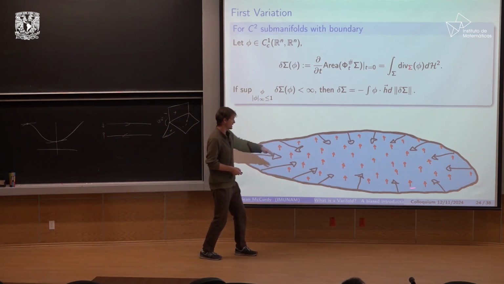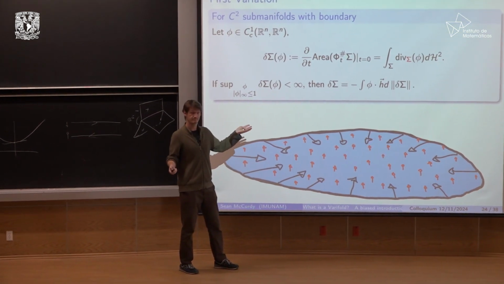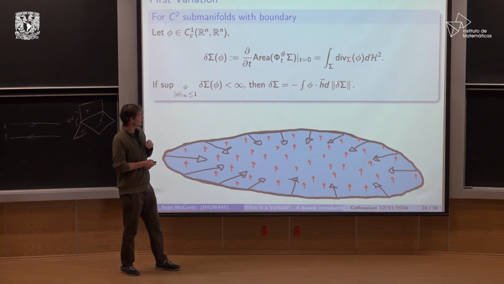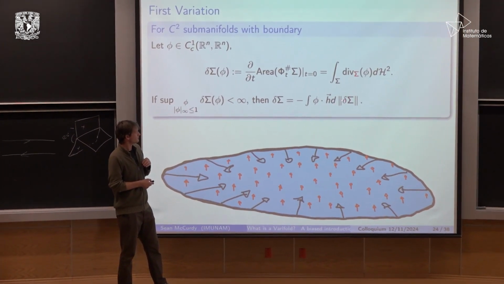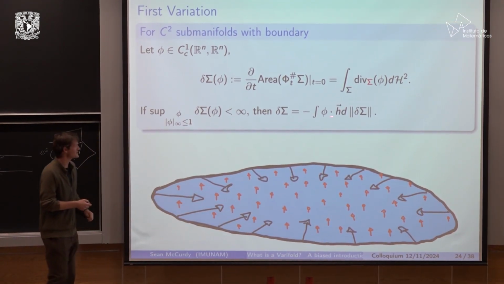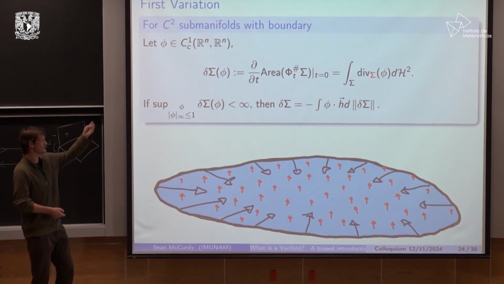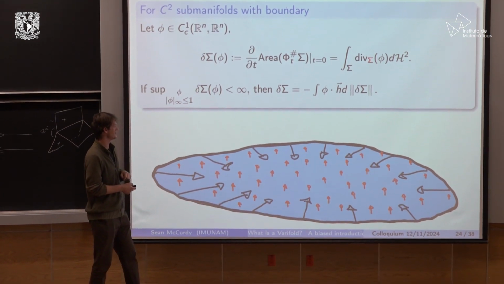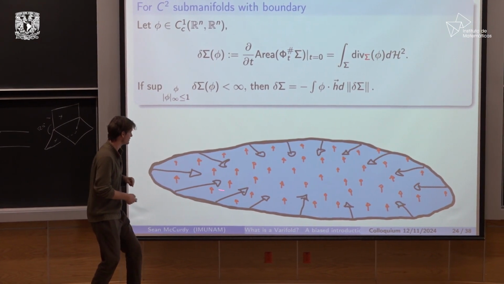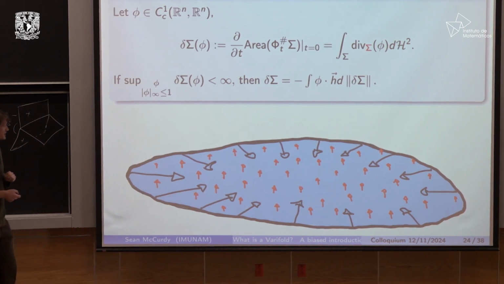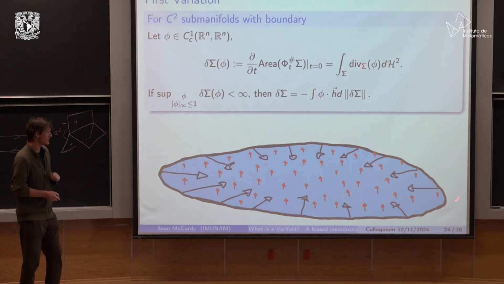One is going to be on the surface itself, where this will give us information about the mean curvature. Technically, this is a vector, and so the density of it will give us the magnitude, the way I've written it. But one part will give us information on the mean curvature, maybe represented by these red vectors, and another part will give us information about the boundary. It will be integration along the boundary of the normal.